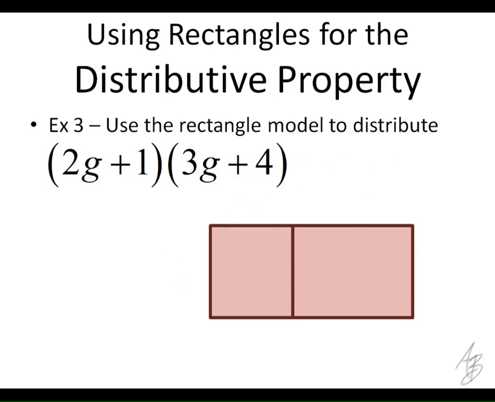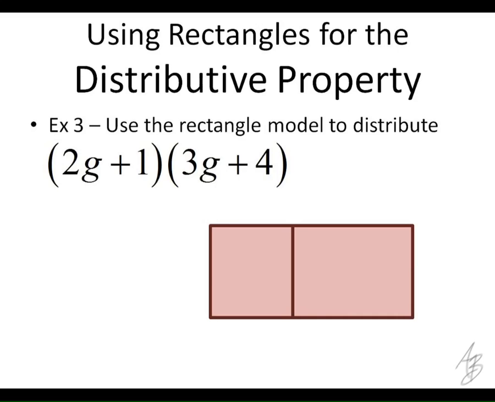Okay, example 3. We're going to use the distributive property again, but we're going to use the areas for the distributive property. And your picture looks different than mine. Can anybody tell me why my picture will not work and it needs to look like the one on your note sheet? Gabrielle?